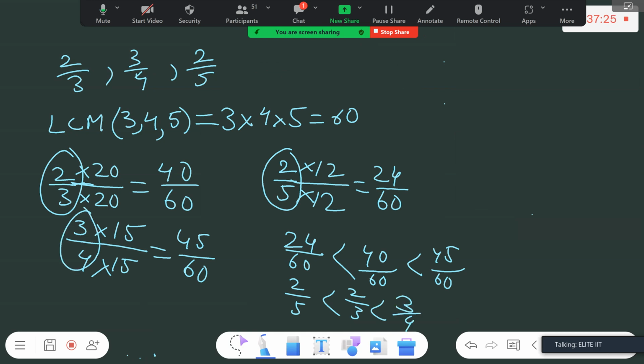These are the fractions arranged in ascending order, isn't it? Any doubt in this fraction chapter? No.